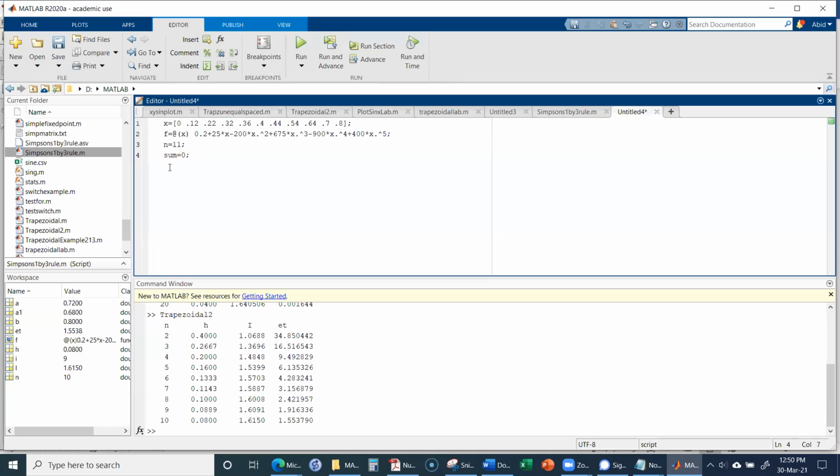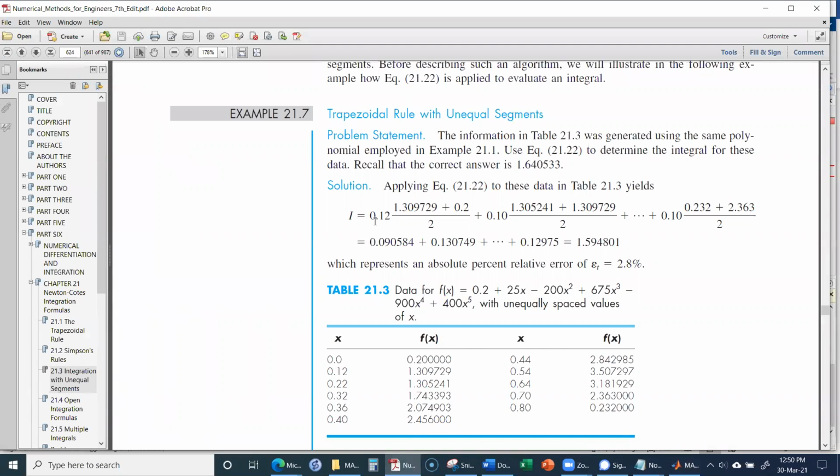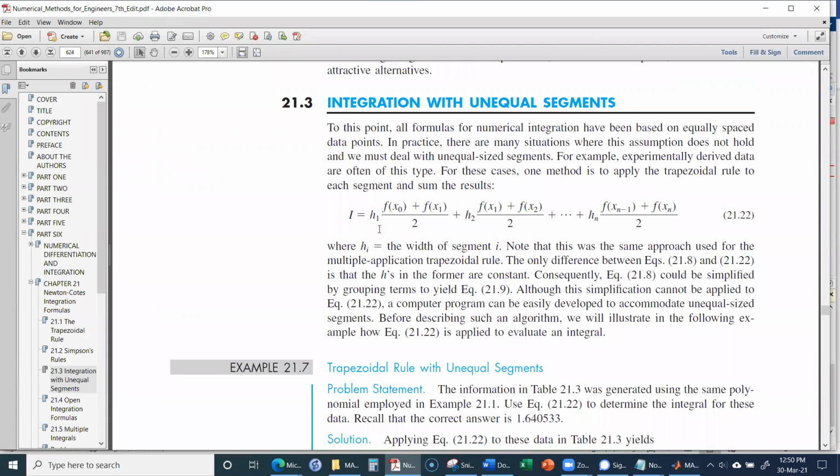Then we will loop for i equal to 1 to n minus 1, and the sum will be equal to the previous sum plus... now we need to look at the formula. So the formula is this: h1.